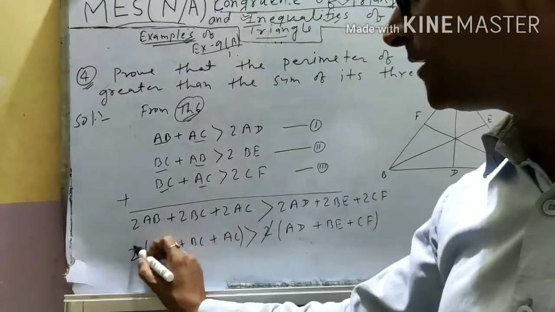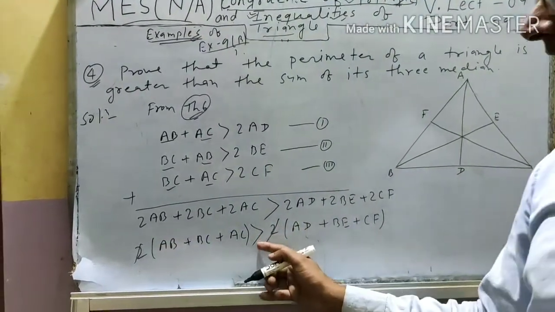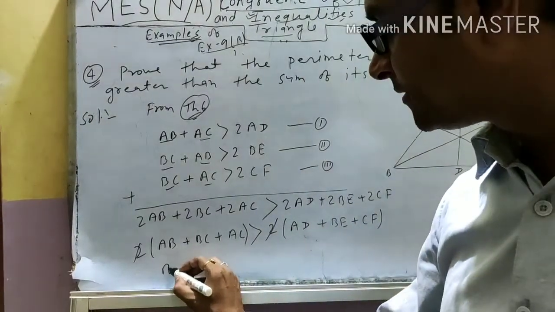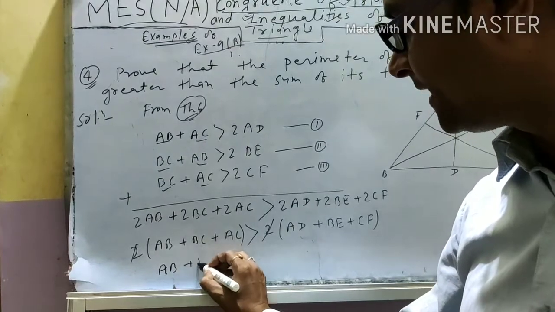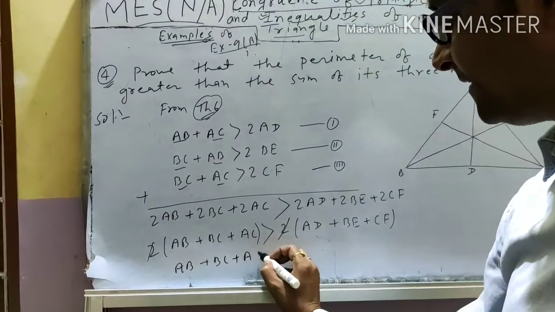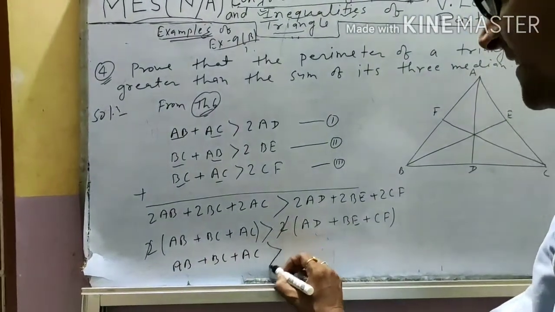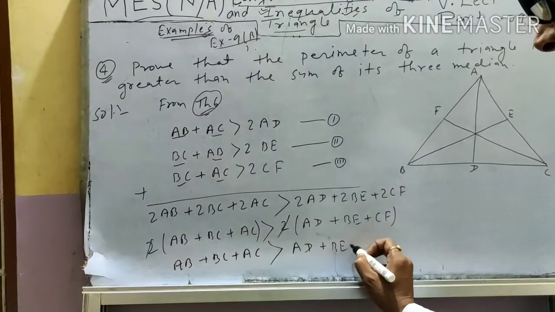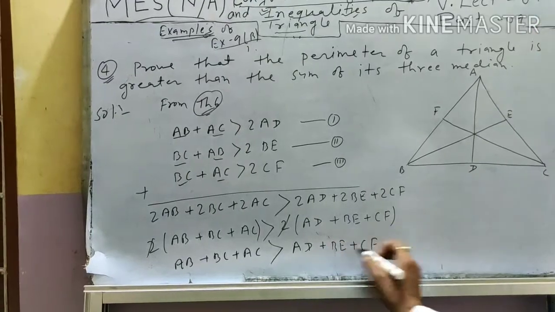Here, student, 2 and 2 cancel, because greater than is treated as an equation, so we can cancel here. So the final equation is AB plus BC plus AC, these are the sides of a triangle, is greater than AD plus BE plus CF, these are the medians of a triangle.